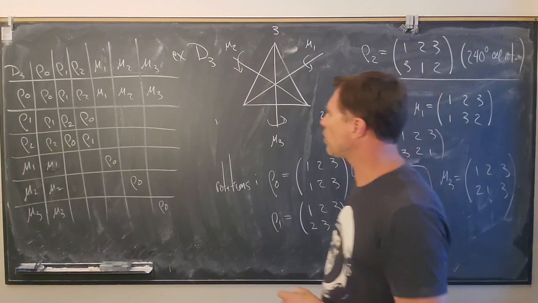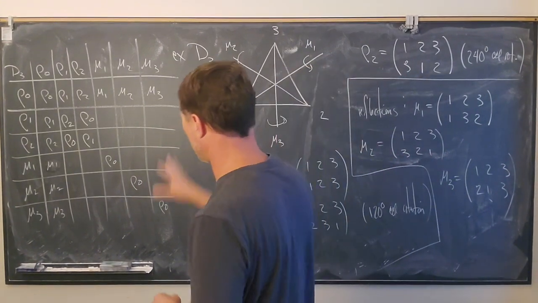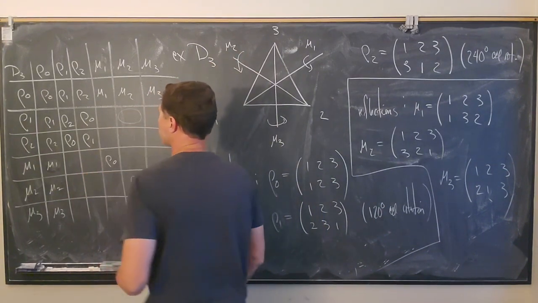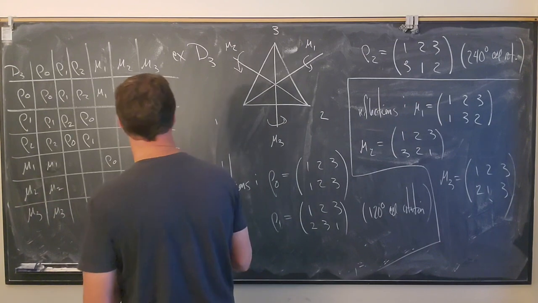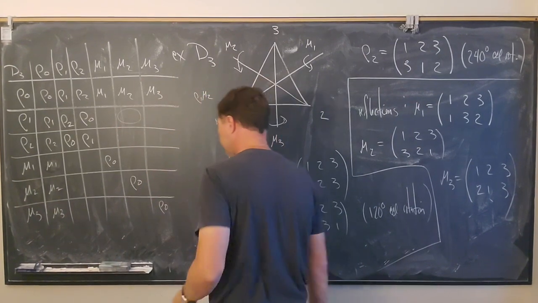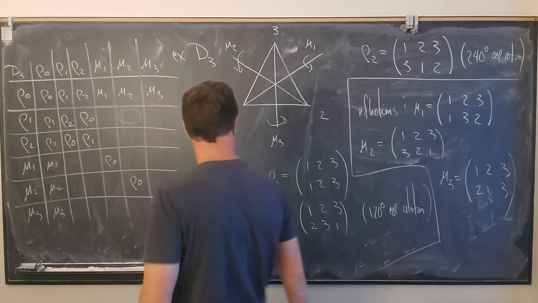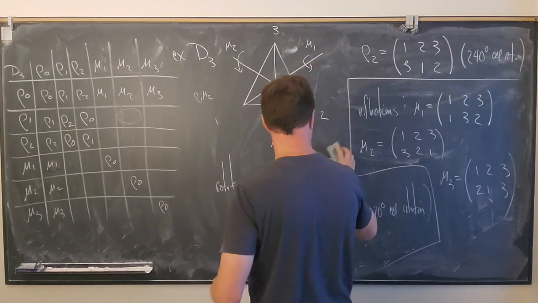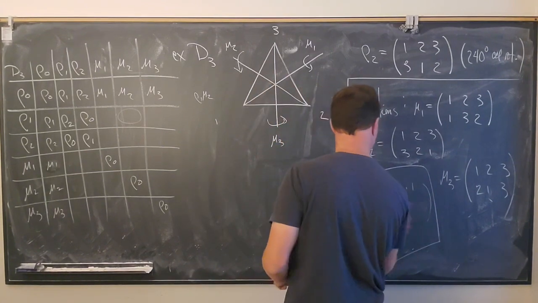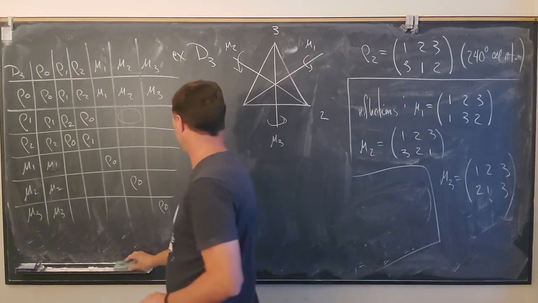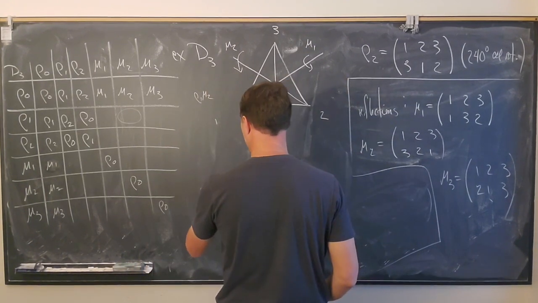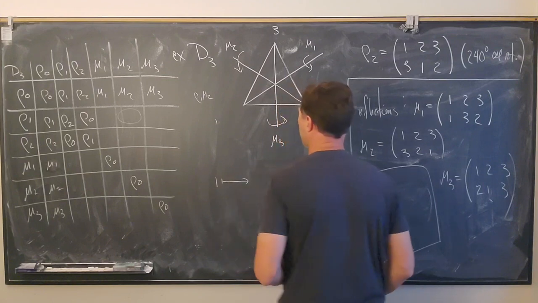And then let's do 1 or 2 of these, and then I'll just tell you who the rest are. So maybe let's do this one right here. So that's row 1 times mu2. Okay, so let's see if we can just do it geometrically rather than writing everything out. So I need to reflect, and I want to see what happens to each of the vertices. So 1, what happens to 1?